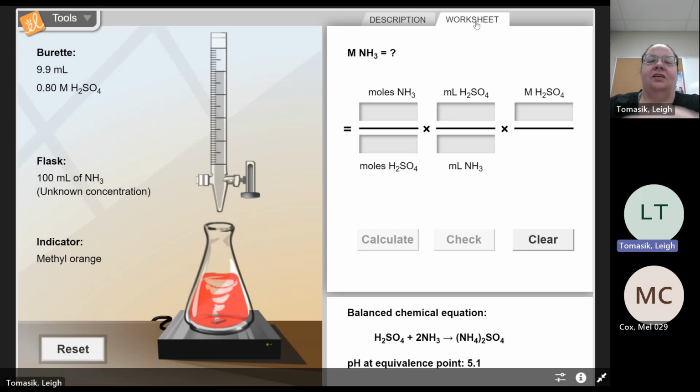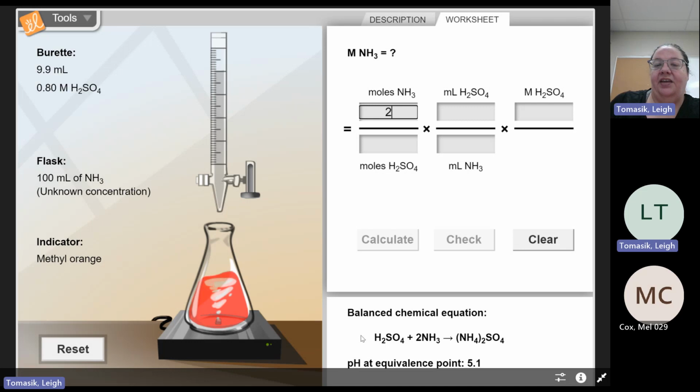The lab will walk you through this, but see how it says moles of NH3 here, right? You would determine that from the balanced chemical equation. So I have 2 moles of NH3 in the balanced chemical equation, so I would put at the top 2. And then it says moles of H2SO4.